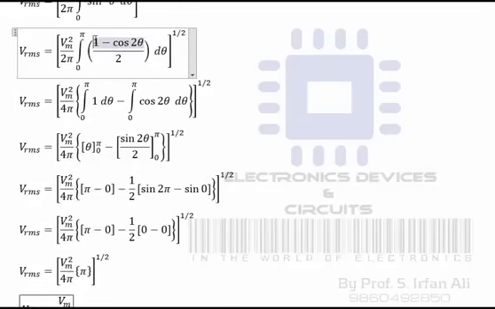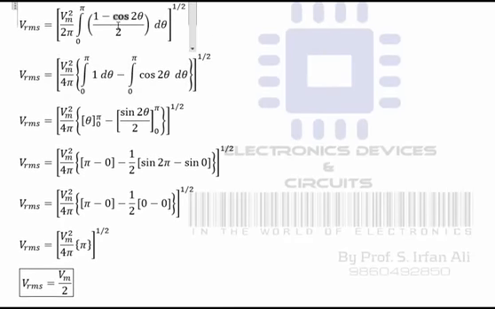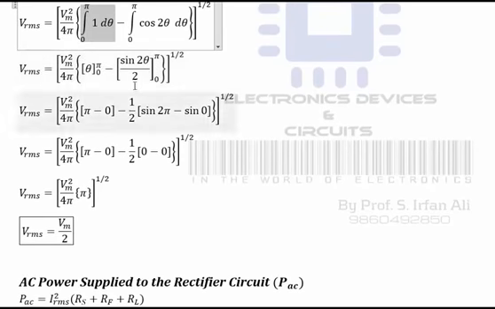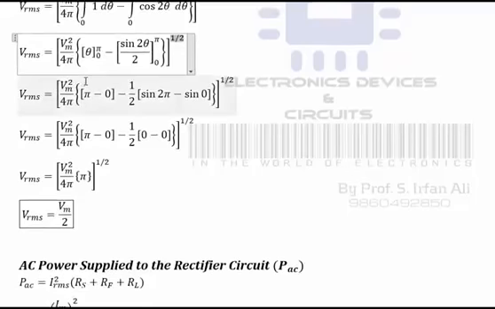First is the integration from 0 to pi of 1 with respect to theta, and second is from 0 to pi of cos 2 theta d theta. The integration of 1 with respect to theta is theta with limits 0 to pi, and the integration of cos 2 theta is sin 2 theta by 2 with range from 0 to pi, and this whole will go under root.